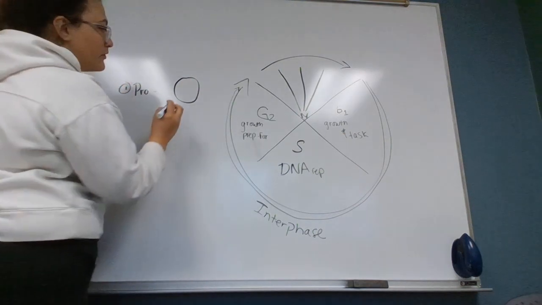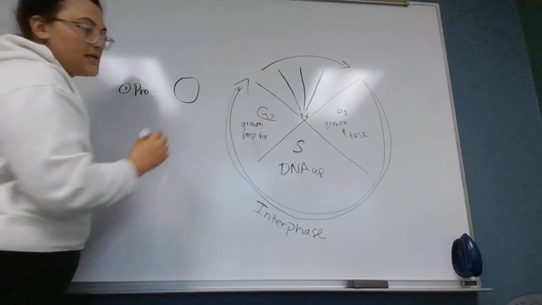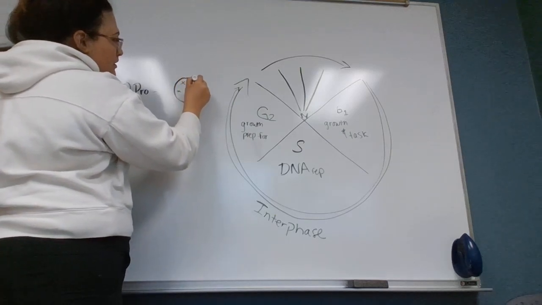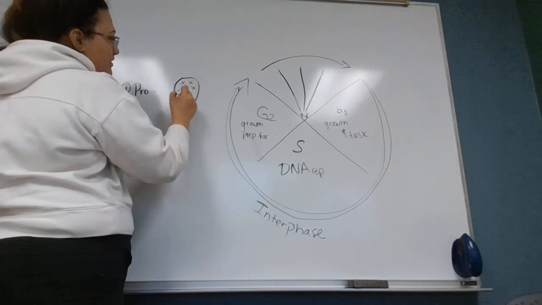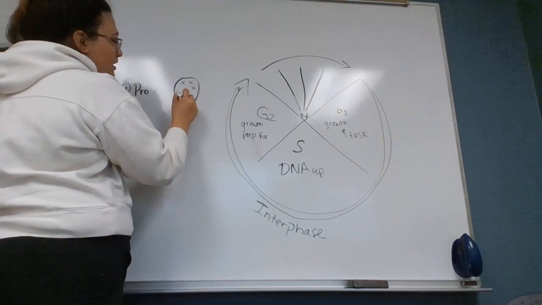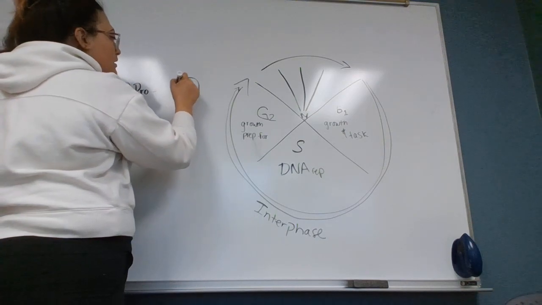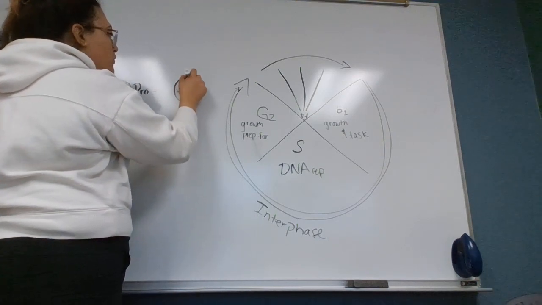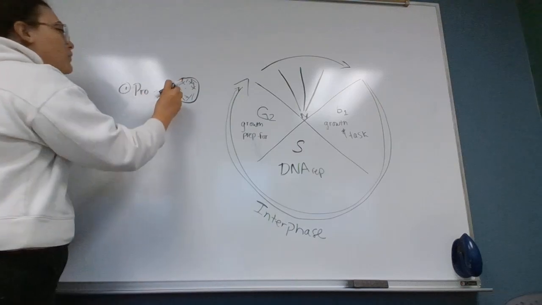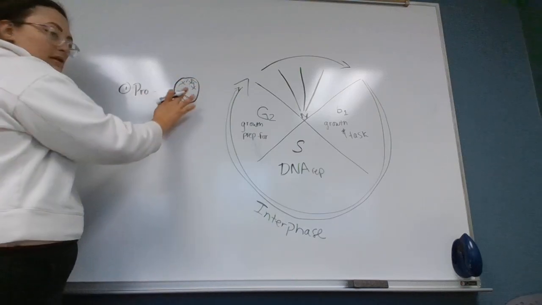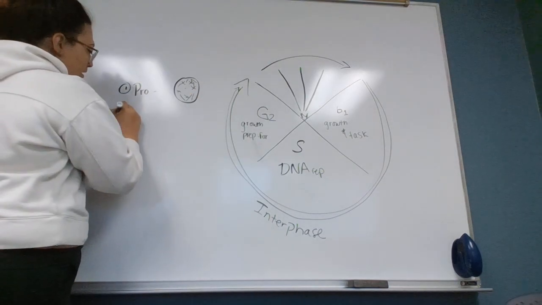So the nucleus disintegrates and there is chromatin everywhere. Then the centrioles turn into these little spindle fibers that begin to pull the chromosomes to the middle. But they're not quite exactly in the middle yet.